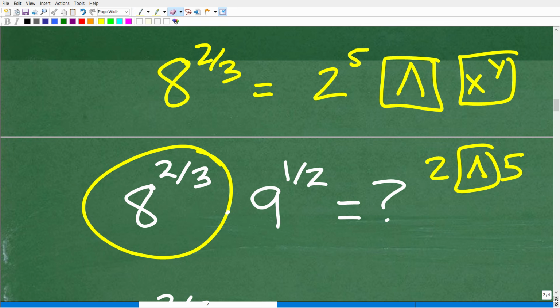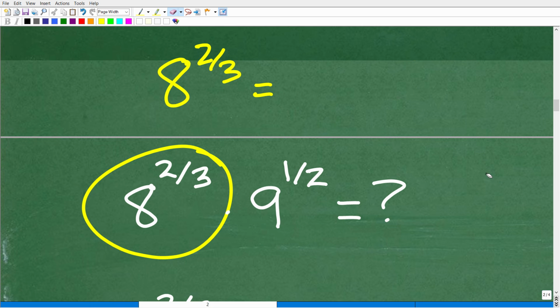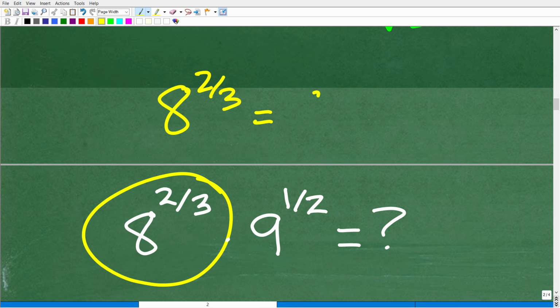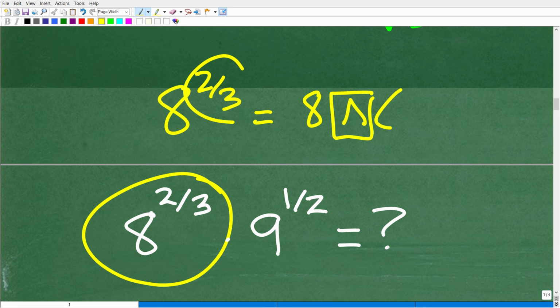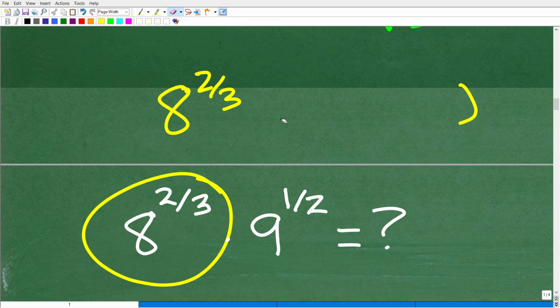But in this particular case, we do have a fractional exponent. So what you want to do is take your 8 and then hit your caret key, for example, and then put this rational exponent in parentheses. So put parentheses 2 divided by 3 in parentheses, because if you don't do this, on some of your older calculators, you're going to type in 8 caret 2 divided by 3.